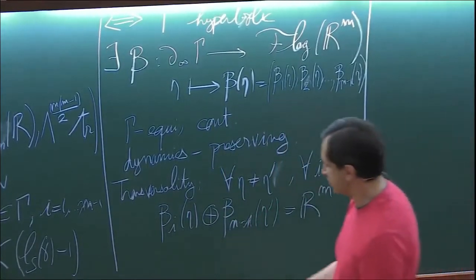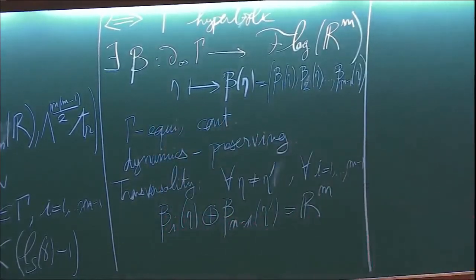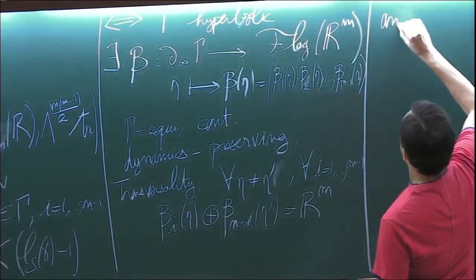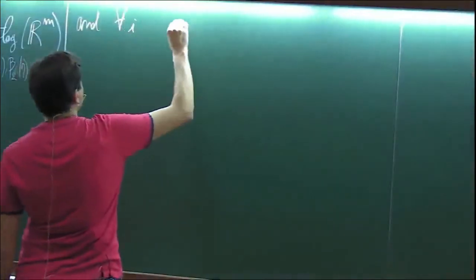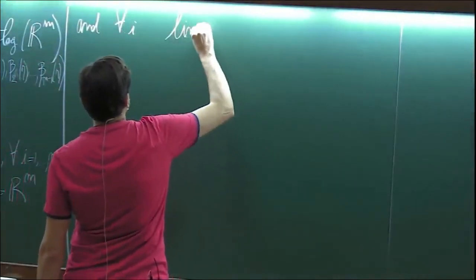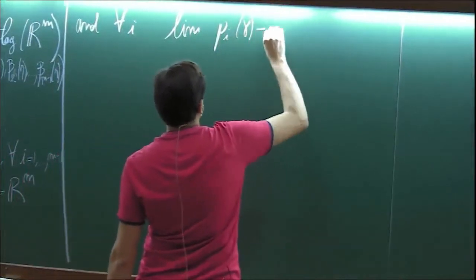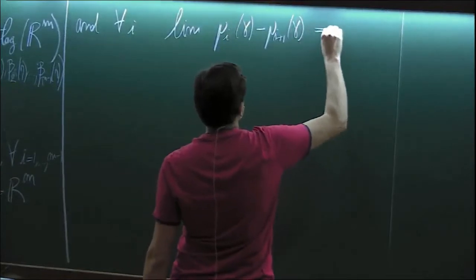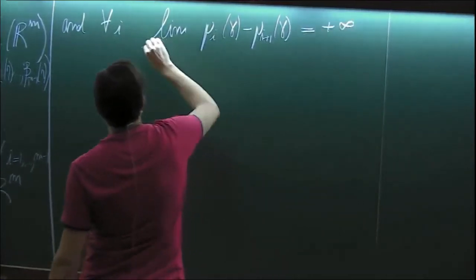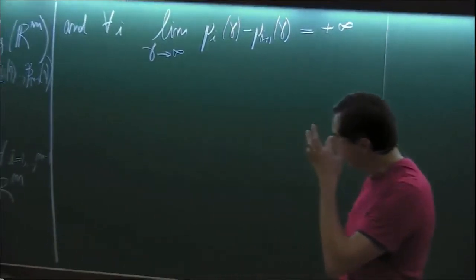Okay, and there is the last condition. Let me write it here. It says that for every i, mu i minus mu i plus 1 goes to plus infinity as gamma goes to infinity in the group.